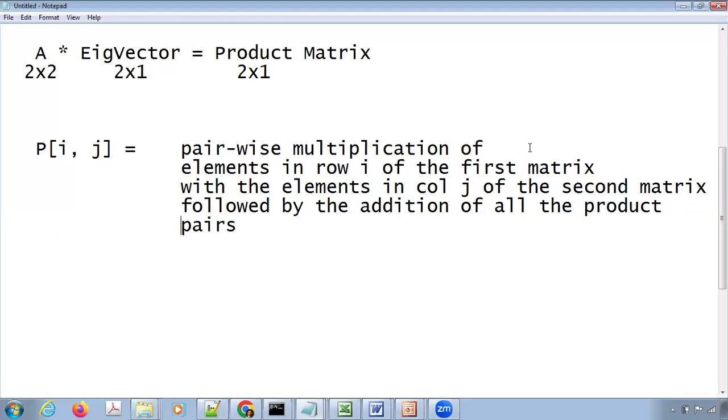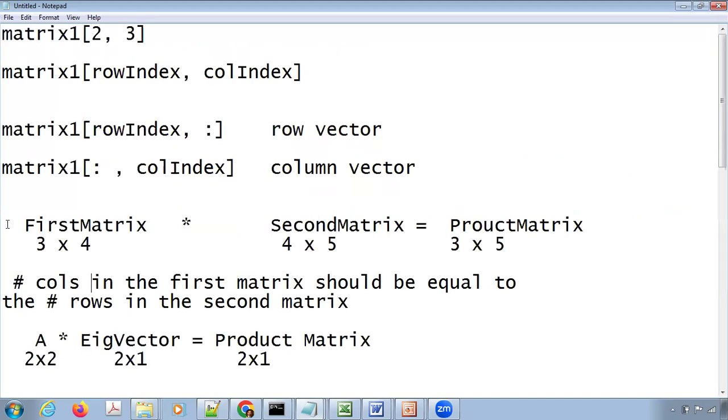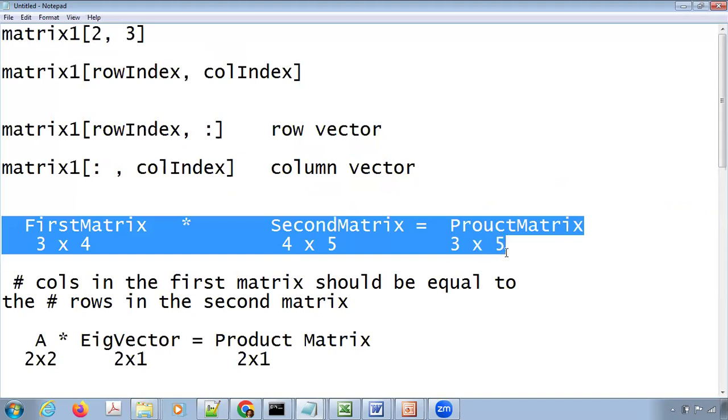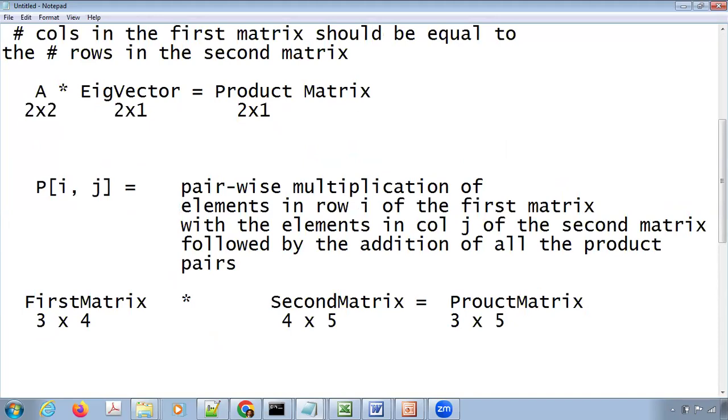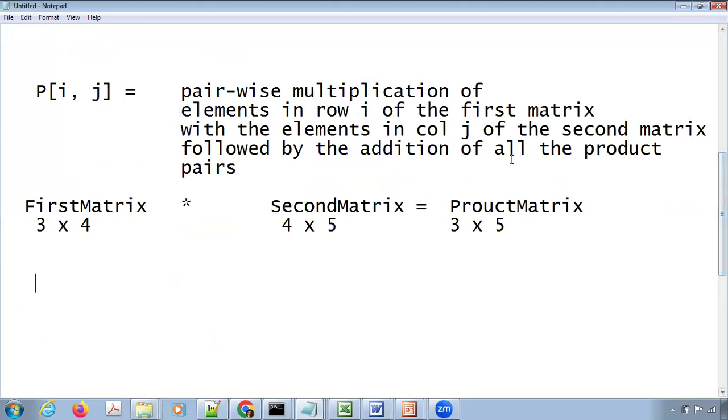So what it means is this, let me use an example. Let's pick up the same thing we had here. Let's create a random integer matrix of dimensions 3 by 4. I'm just avoiding the negative numbers to keep the math simple. You could have negative numbers. So this is a 3-row, 4-column matrix. And this is a 4-row, 5-column matrix.